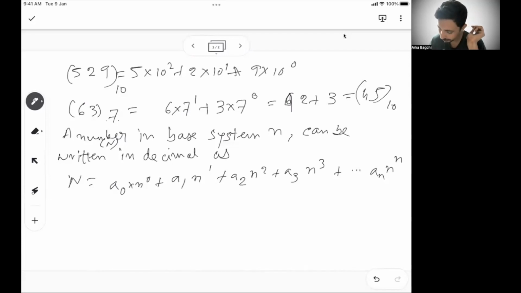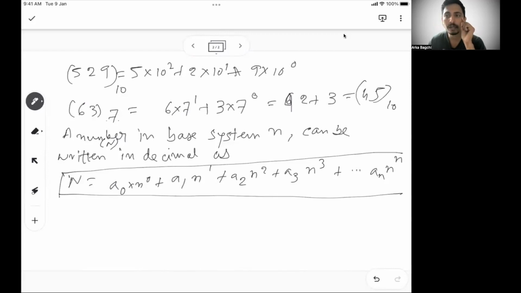And this is the generic formula for this. Any number in any base system can be written like this to convert it into a decimal system. And we all know the calculation around decimal system. So from any base system to decimal is a very handy approach you should understand.